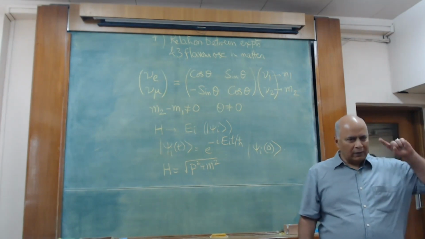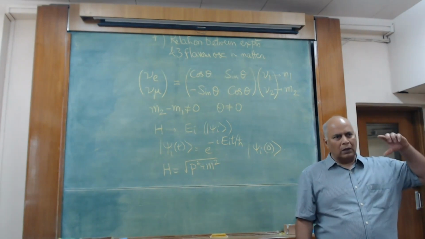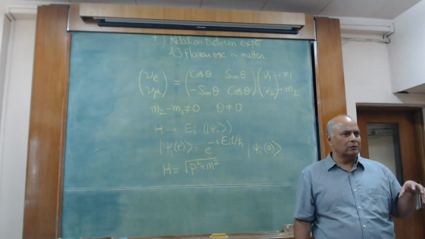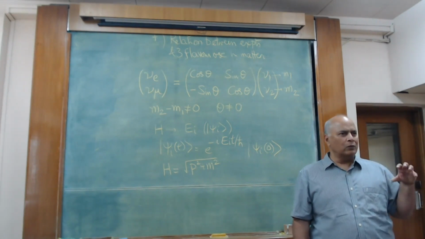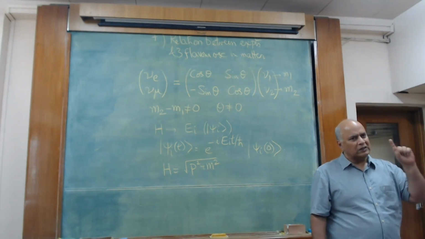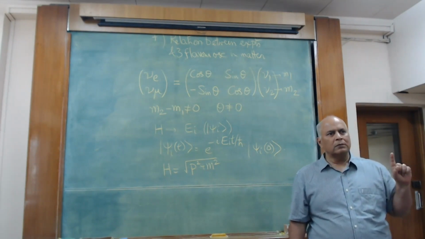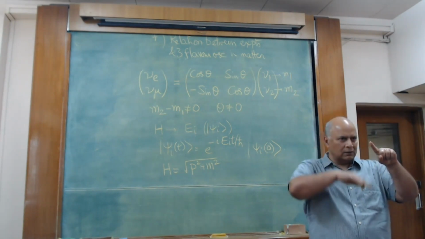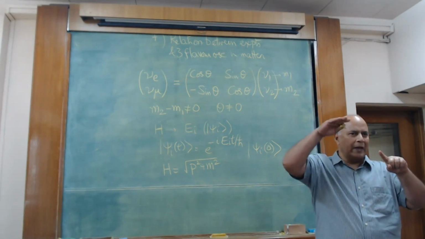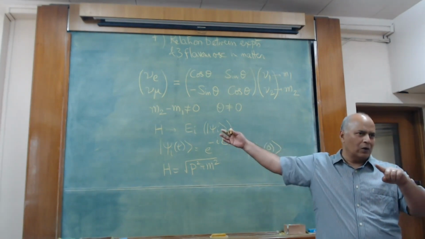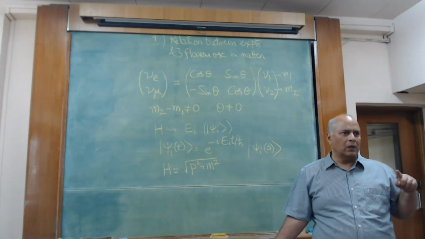And if you remember, the irreducible representations of the rotation group are labeled by the number j. And of course, within each representation, the various states are labeled by m going from minus j to plus j.